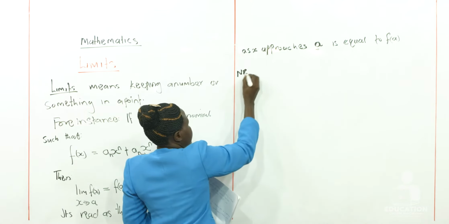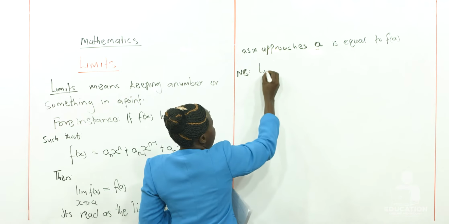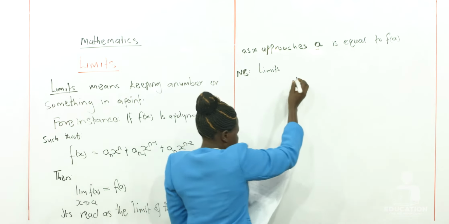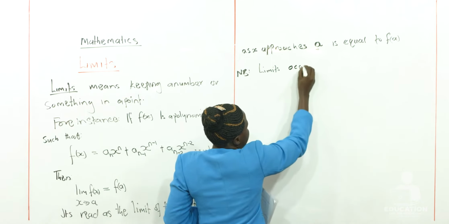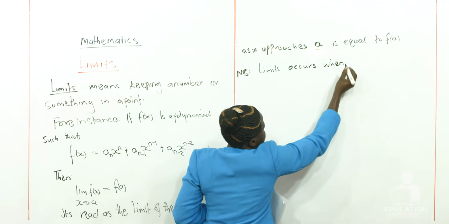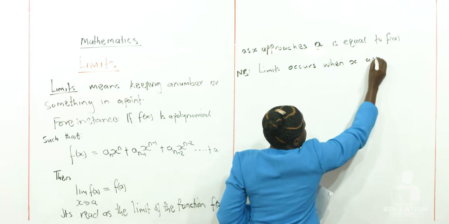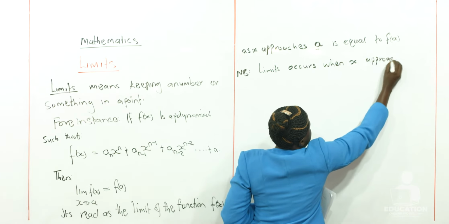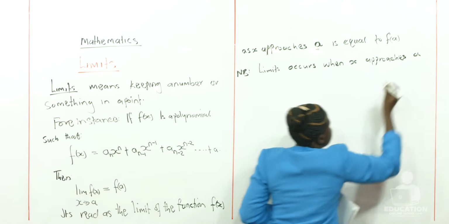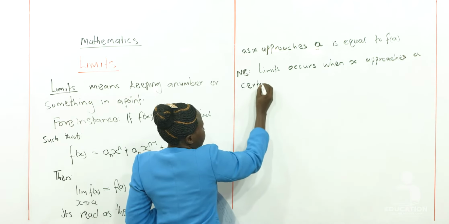Take note of this: we say limits occur when x approaches a certain point.